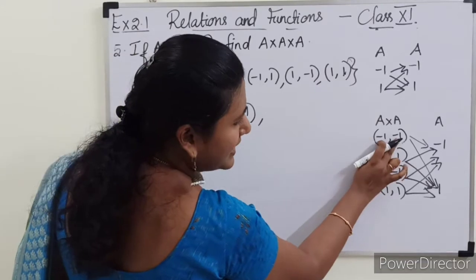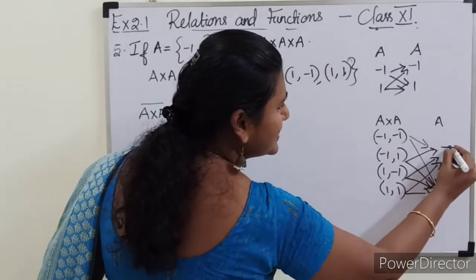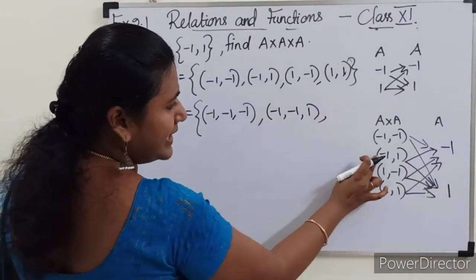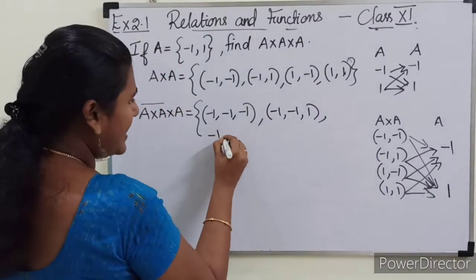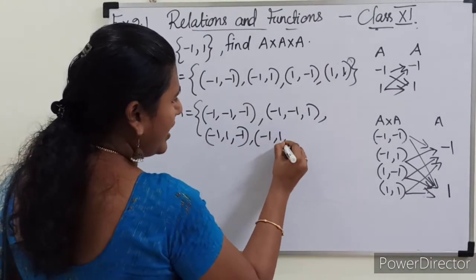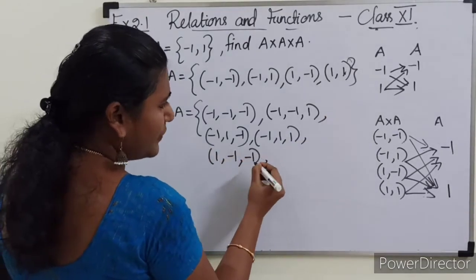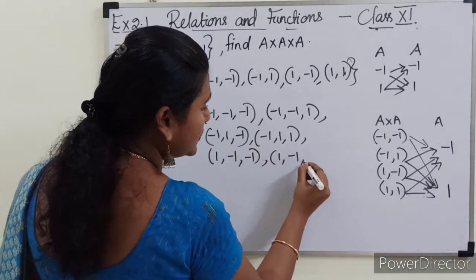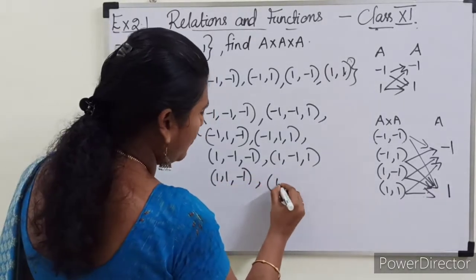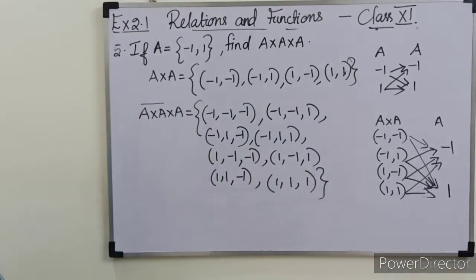Then (-1, -1, 1). Then with the next element: (-1, 1, -1), (-1, 1, 1), (1, -1, -1), (1, -1, 1), (1, 1, -1), (1, 1, 1). So this is our A cross A cross A.